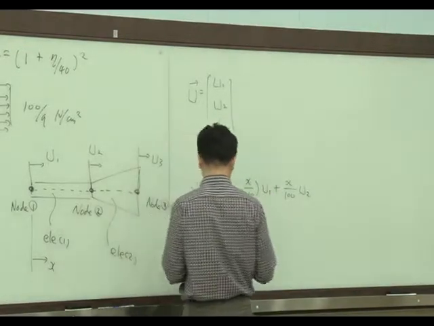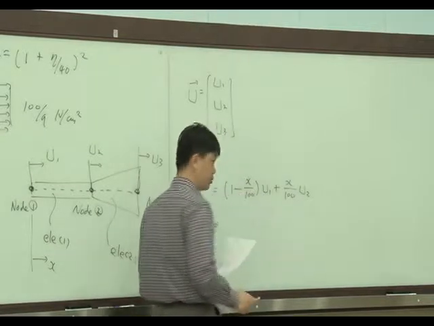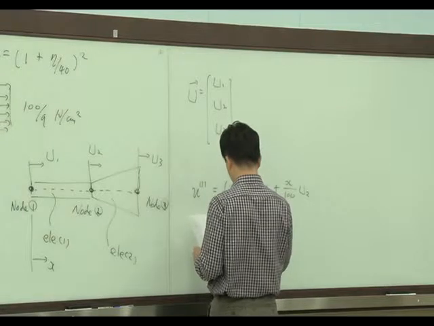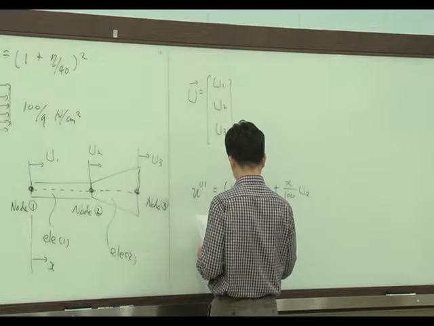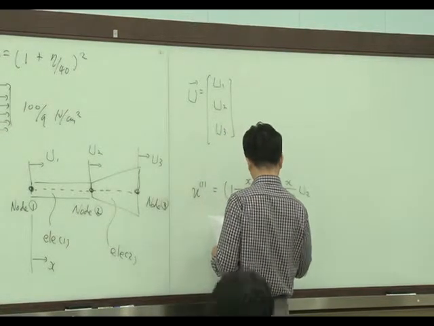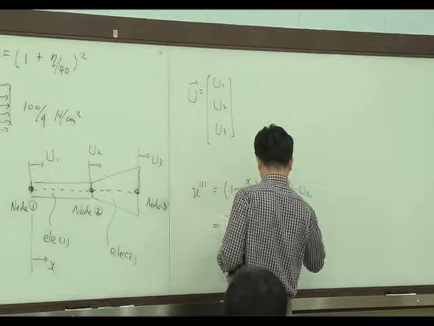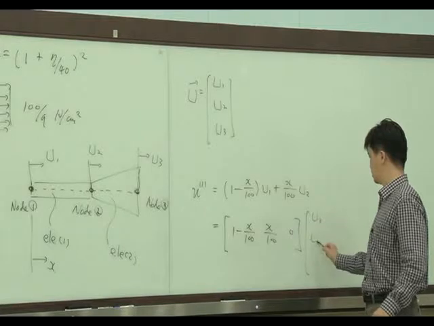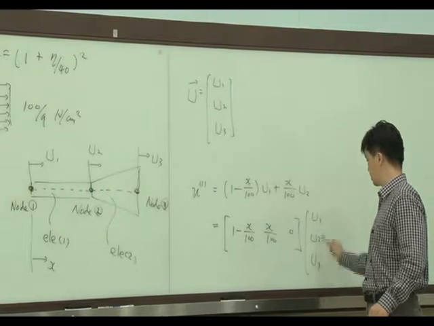interpolation function. So in matrix form, 1 minus x over 100, x over 100, 0, times U1, U2, U3.